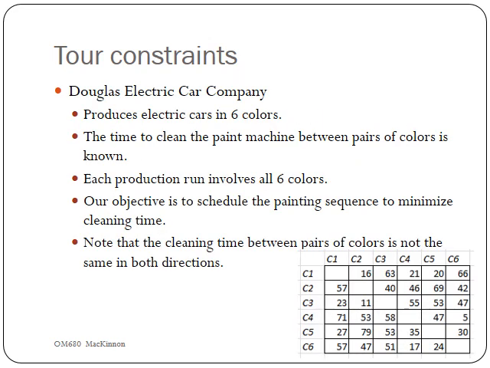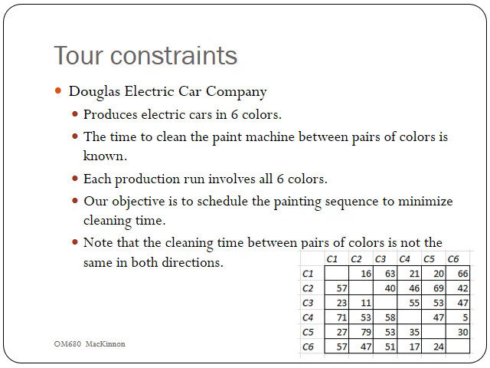So let's take a look at the Douglas Car Company. It produces electric cars in 6 colors. The time to clean the paint machine between the pairs of colors is known. Each production run involves all 6 colors. So our objective is to schedule the sequence of painting to minimize the amount of cleaning time.